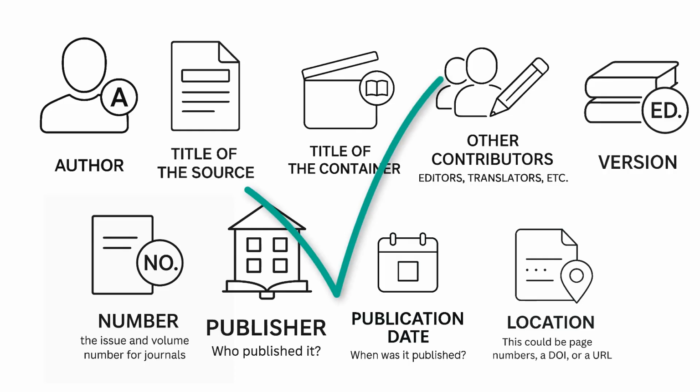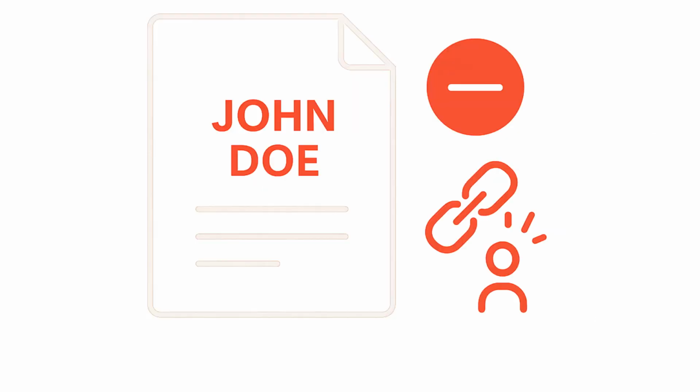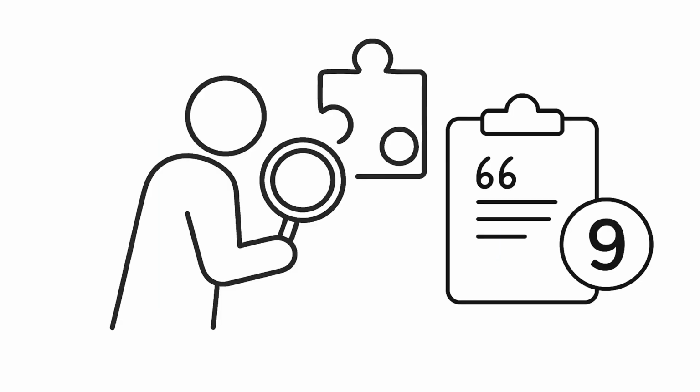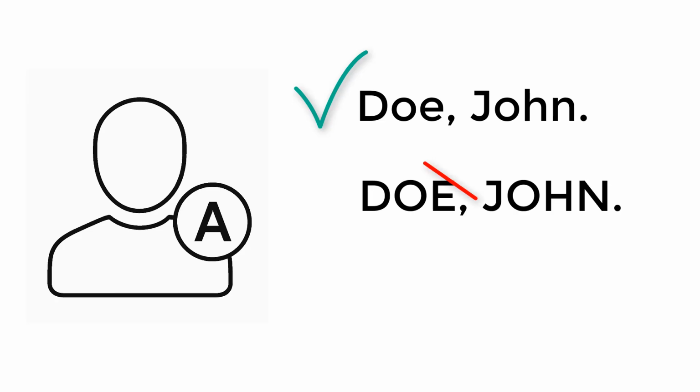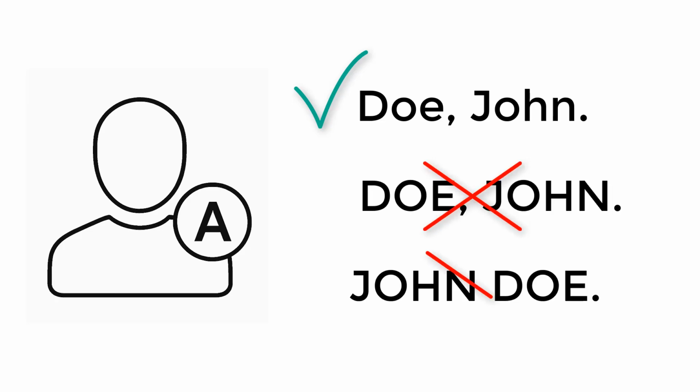Once you've confirmed that the elements that are needed for your source are included, check for common mistakes made by citation tools. Here are a few big ones. First, missing information. Do you see all needed elements? Next, author formatting. It should be last name, comma, first name, like this. Watch out for names in all caps or with the first and last name or middle name in the wrong order.